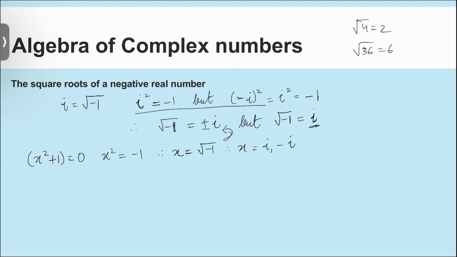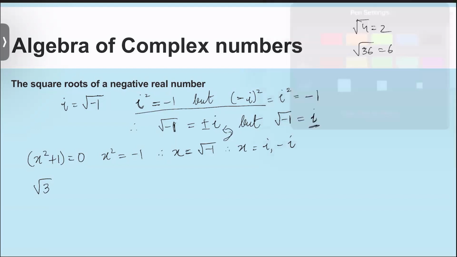Now if we consider another root, suppose you are given minus 3, and you have to find the square root of minus 3.